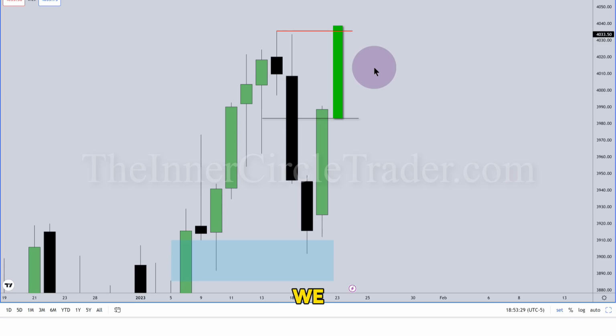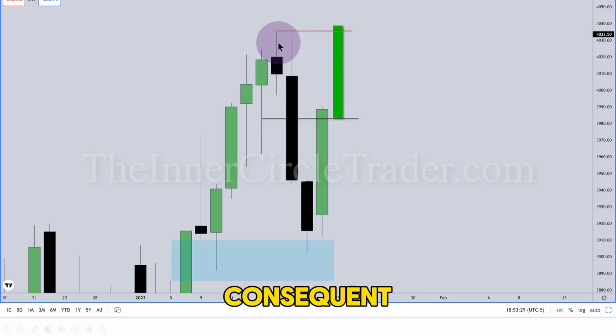So we saw the market rally up, obviously, and we want to see if it has the ability to get through all of these levels here. This fair value gap high, consequent encroachment, rejection block, consequent encroachment, and then finally into the buy side liquidity here.